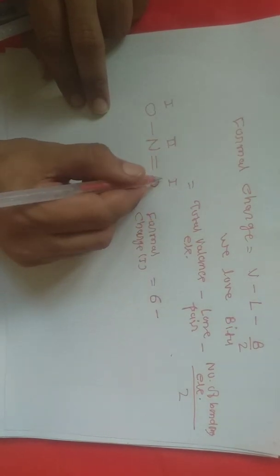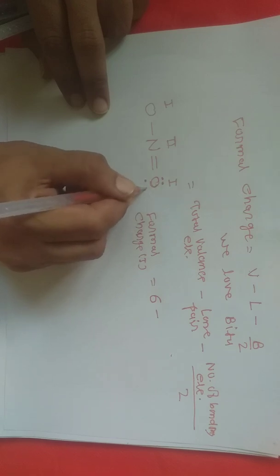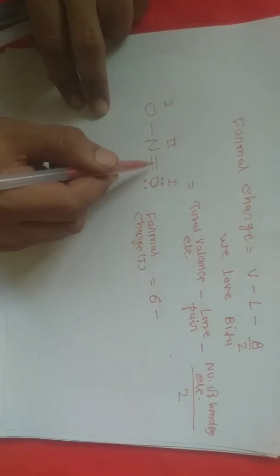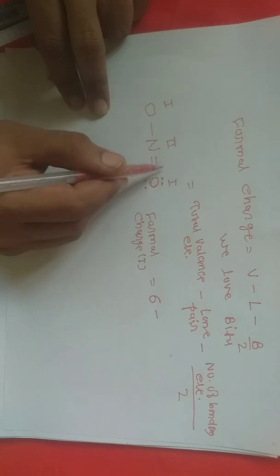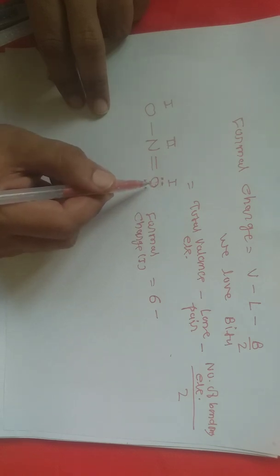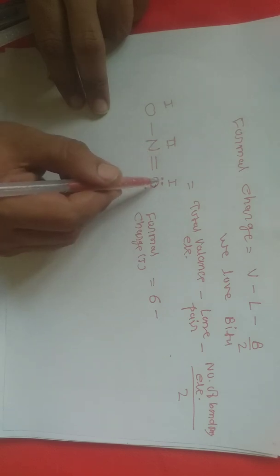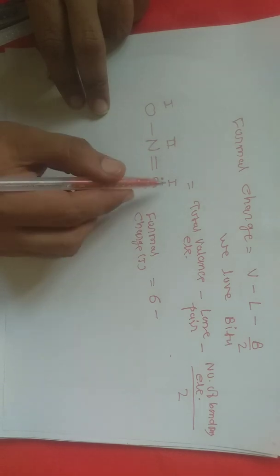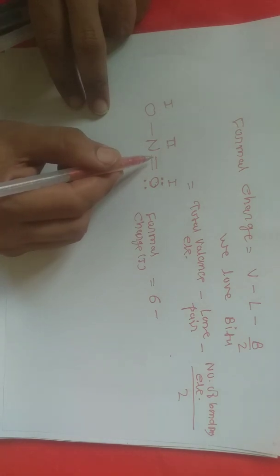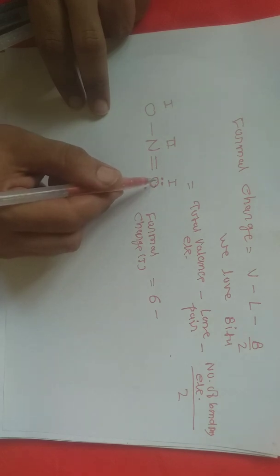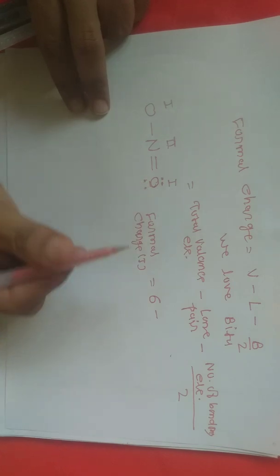Here on oxygen there are 4 lone pair electrons. Why 4 electrons? Because 1, 2, 3, 4, 5, 6, 7, 8. 8 electrons are there around oxygen. Out of 8, 4 are shared with the nitrogen and 4 are a lone pair. The 4 electrons shared with nitrogen are called bonding electrons because they are not free now. But these 4 are not used in bonding, that's why we call them lone pair electrons.